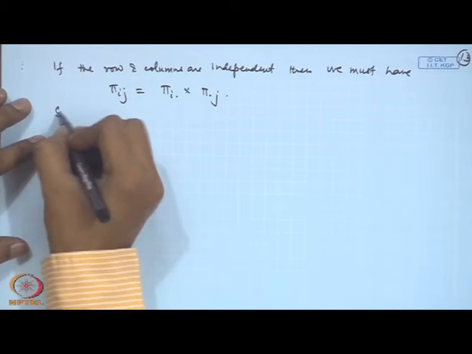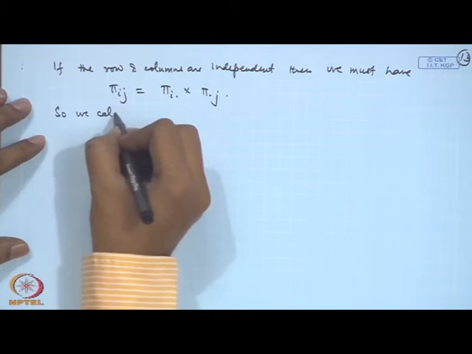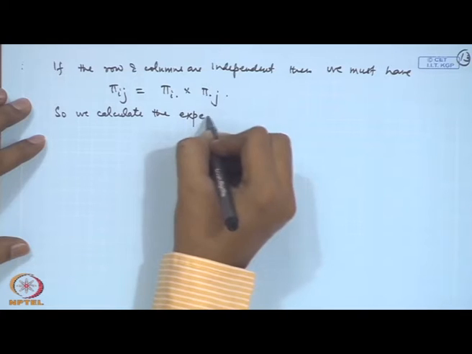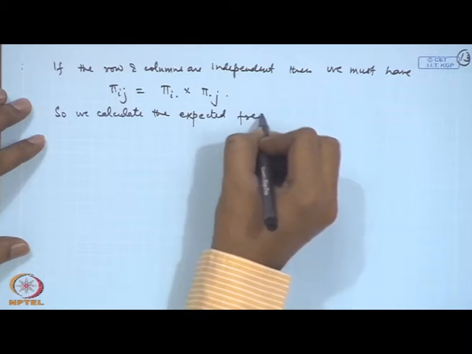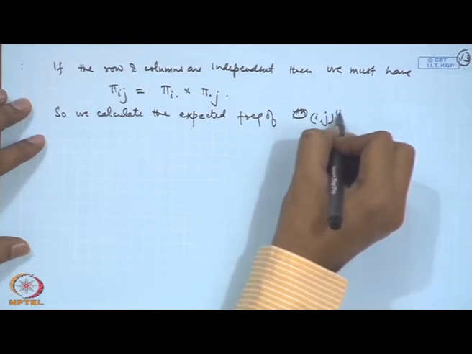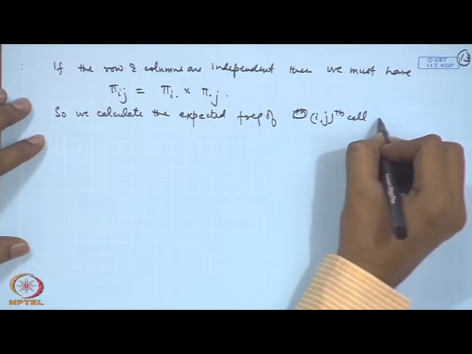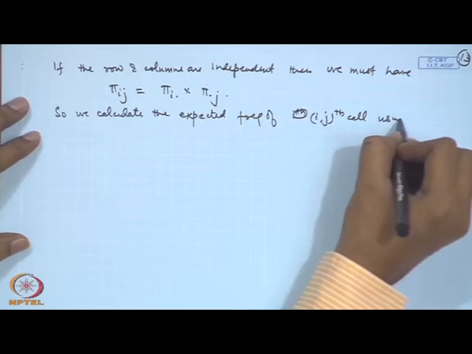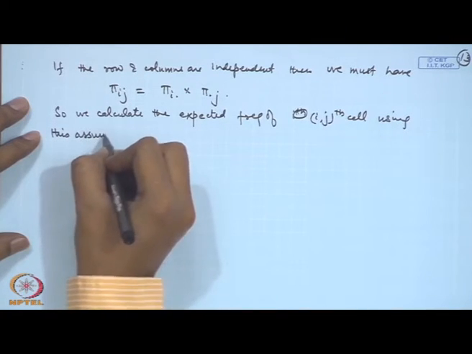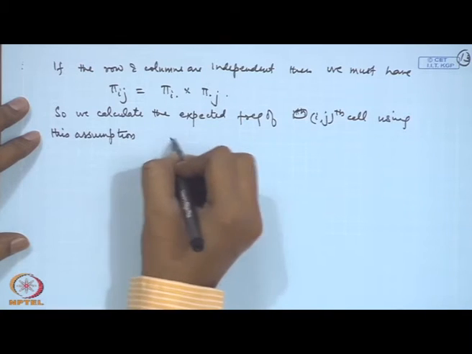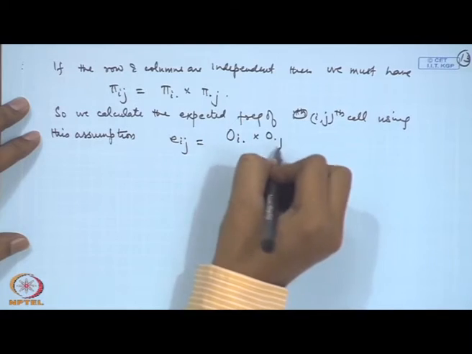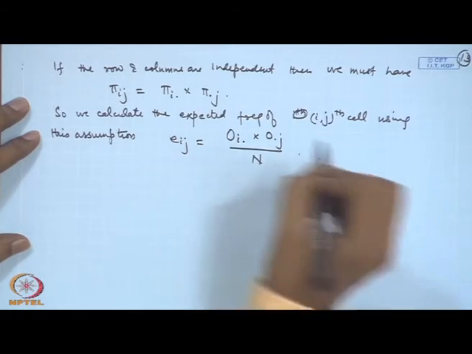So, we calculate the expected frequency of the ijth cell using this assumption. That is Eij equal to Oi dot into O dot j divided by n.